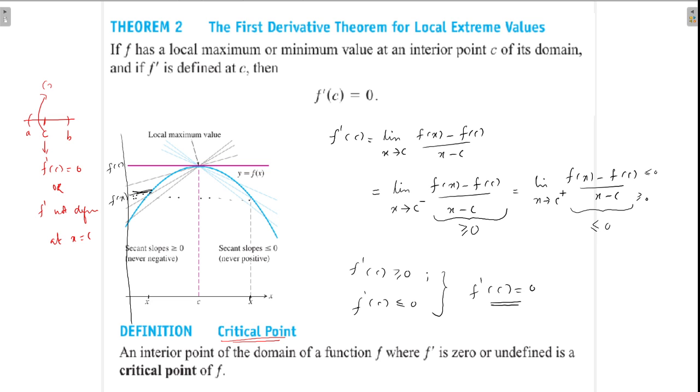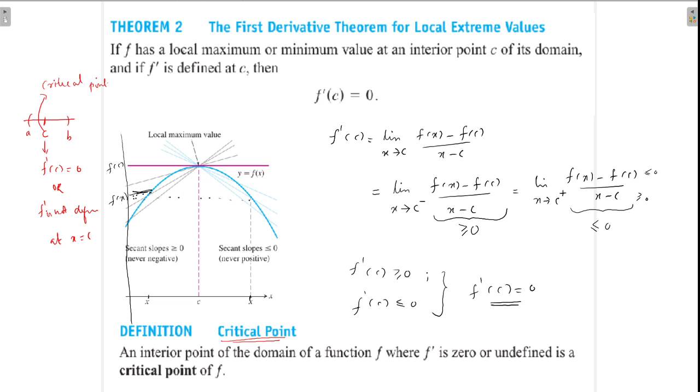So any interior point which has one of these properties, either f dash equal to 0 or f dash not defined at x equal to c, you can say that c is a critical point.